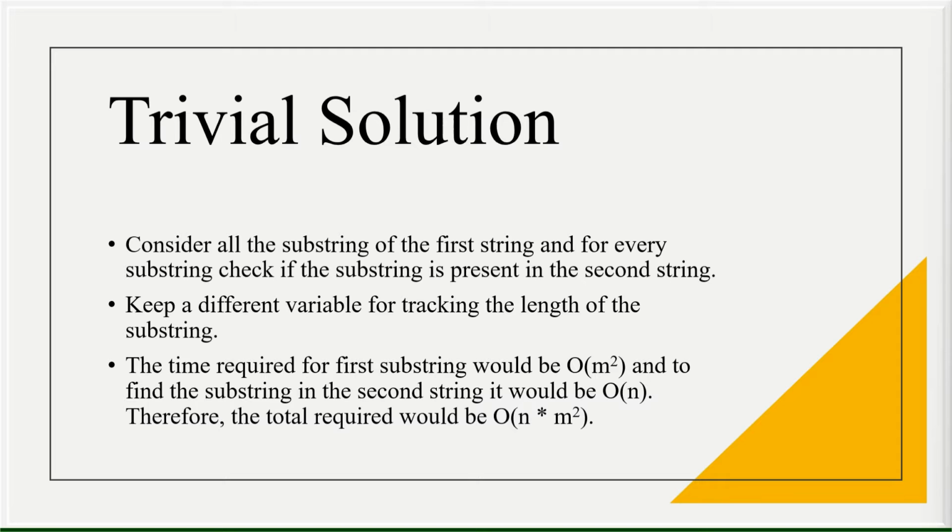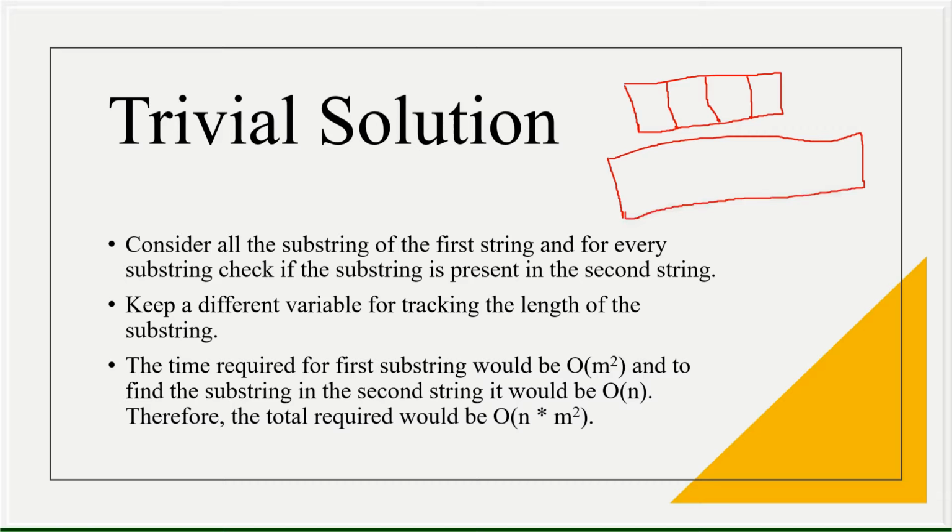Once we find a substring, we check whether that particular substring is also present in the second array. Let me give a quick example so that I can make it more clear. So if the given first string is of length maybe 4 and the next string is of length 6.